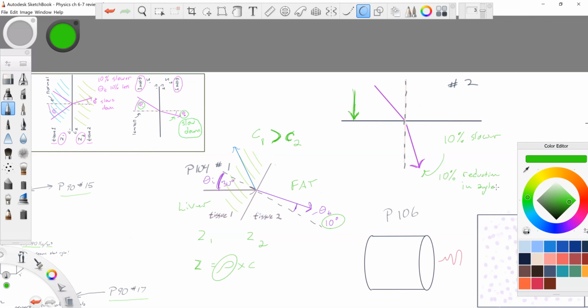That's Snell's law. But what would be a 10% reduction in angle 0? If your angle is 0 degrees, what's 10% less than that? What's 10% more than that? If your base is 0, it's 0. And so that's mathematically the way to look at it. So even though the speed of sound is considerably less in medium 2, there is no refraction. Okay.